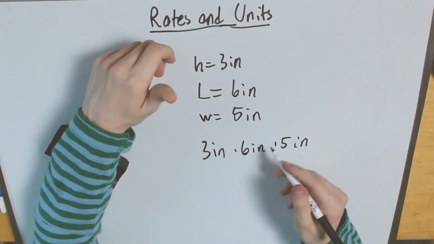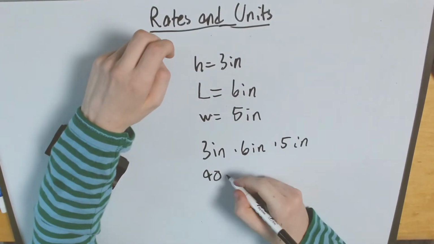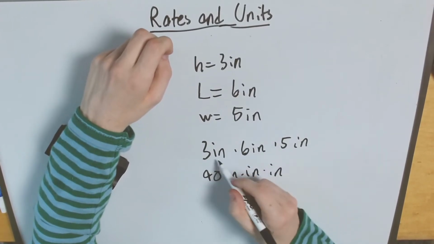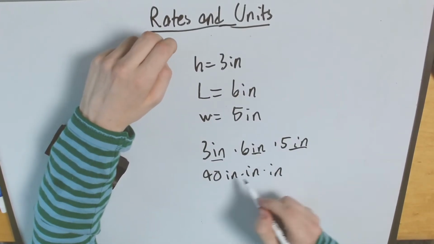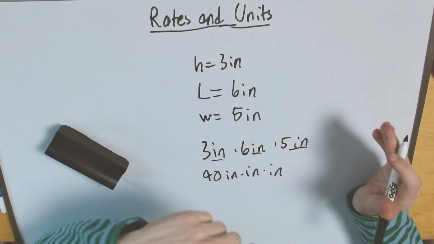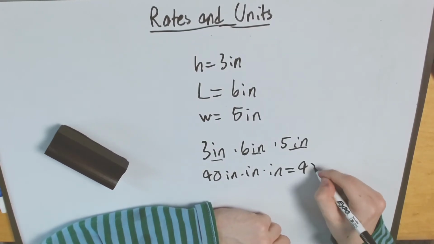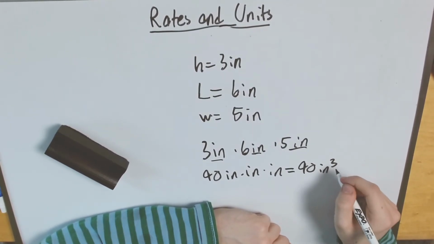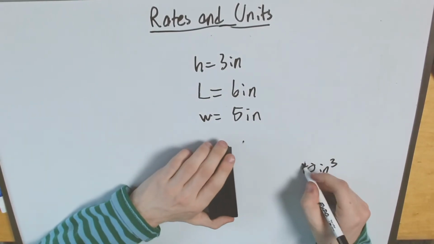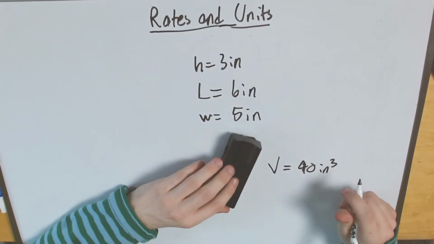We get 90 inches times inches times inches. But inches times inches times inches, we're multiplying the same thing by itself 3 times. That's the same thing as inches cubed. And so our final answer for volume is inches cubed. So we can say the volume of this sandbox is 90 inches cubed.